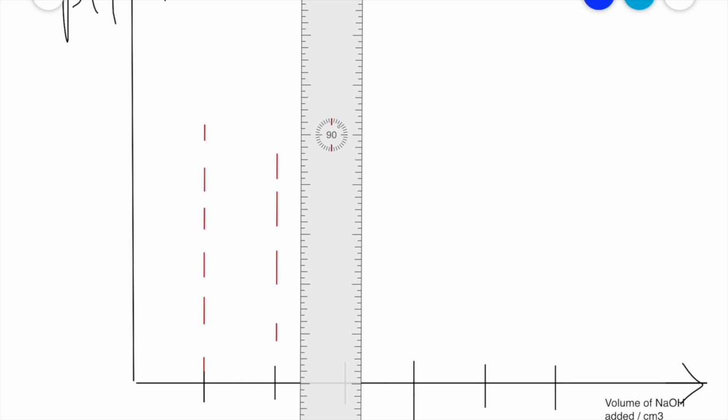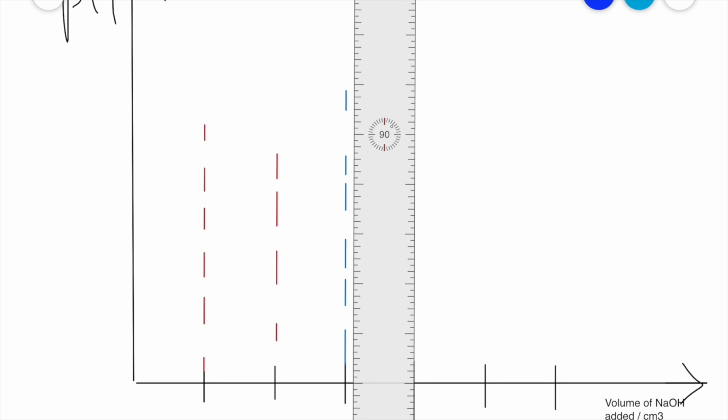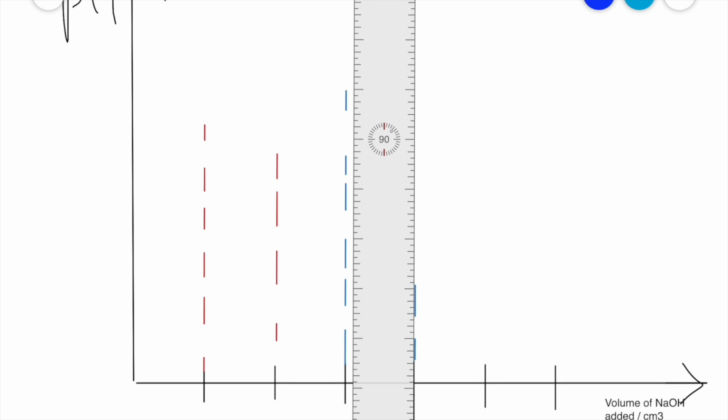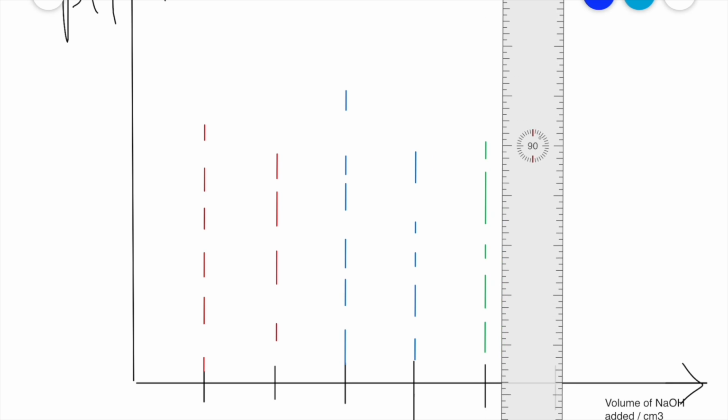I'm shooting my vertical lines up. That's my second step, labeling the x-axis correctly.